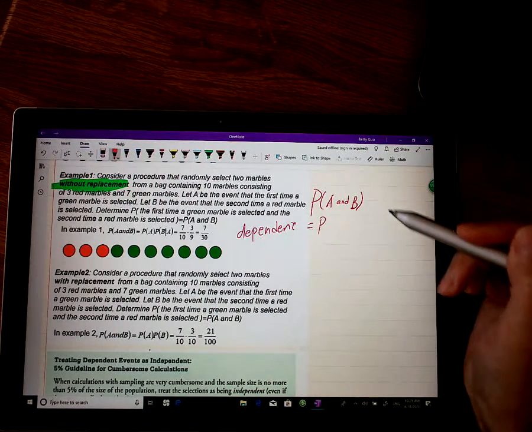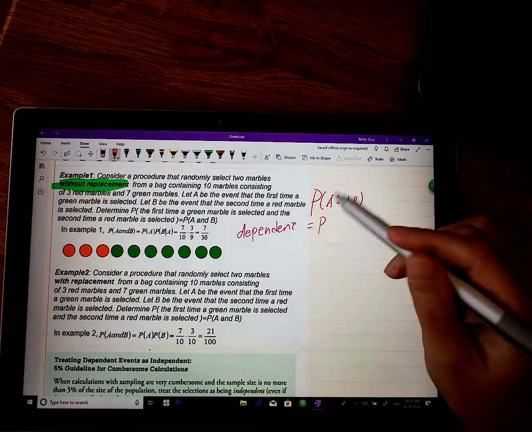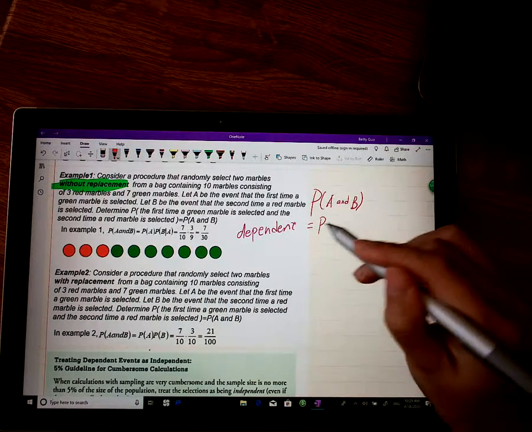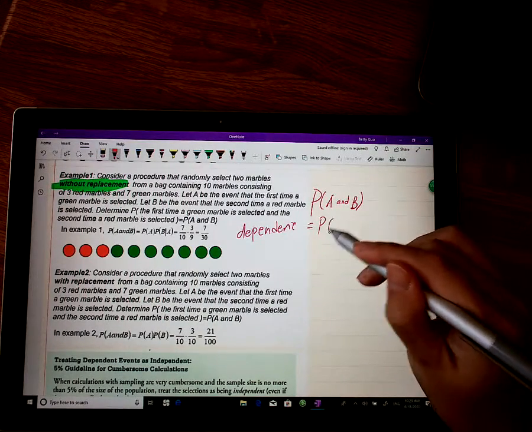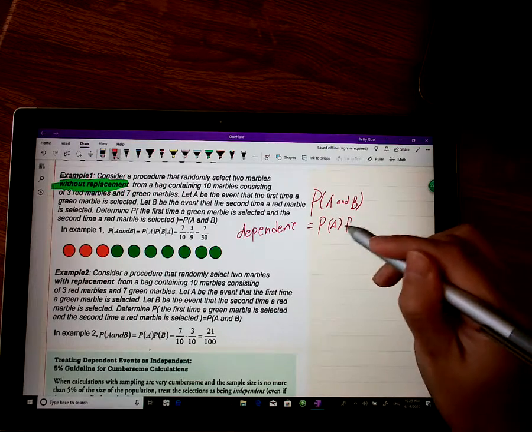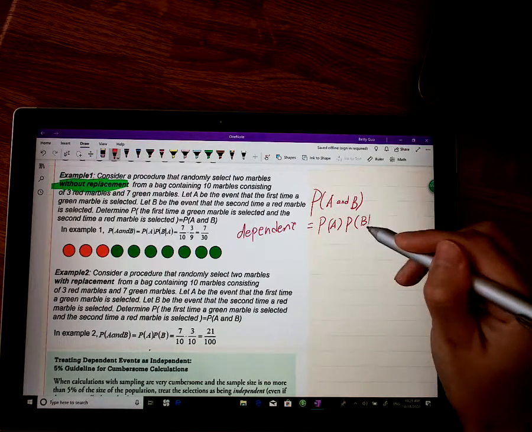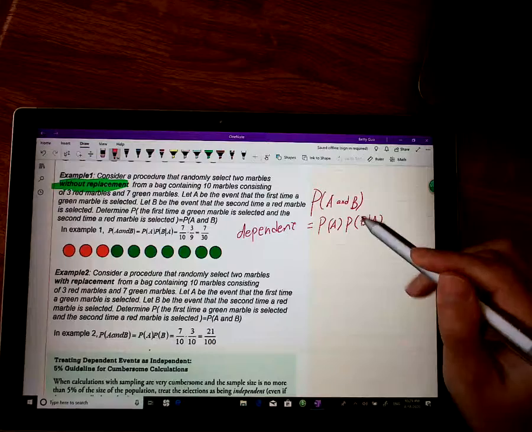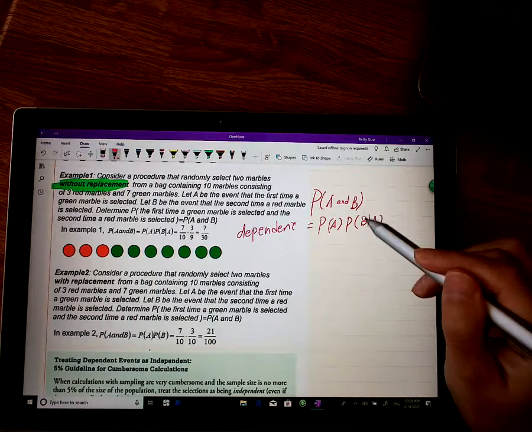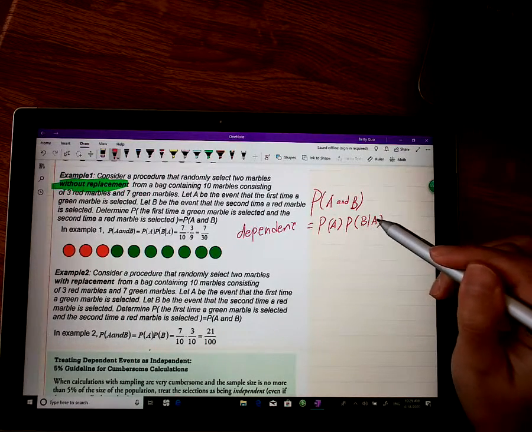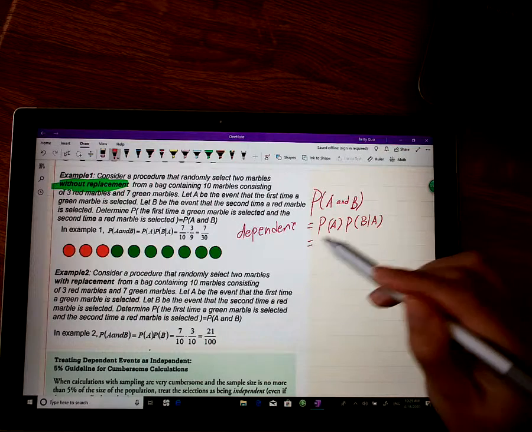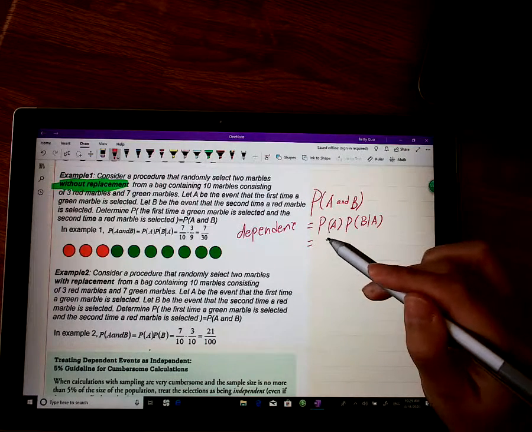Which event occurs first? A occurs first, right? So we would use this formula: P of A multiplied by P of B given A. Because when you consider the chance for B occurring, A has already occurred. Does that make sense?